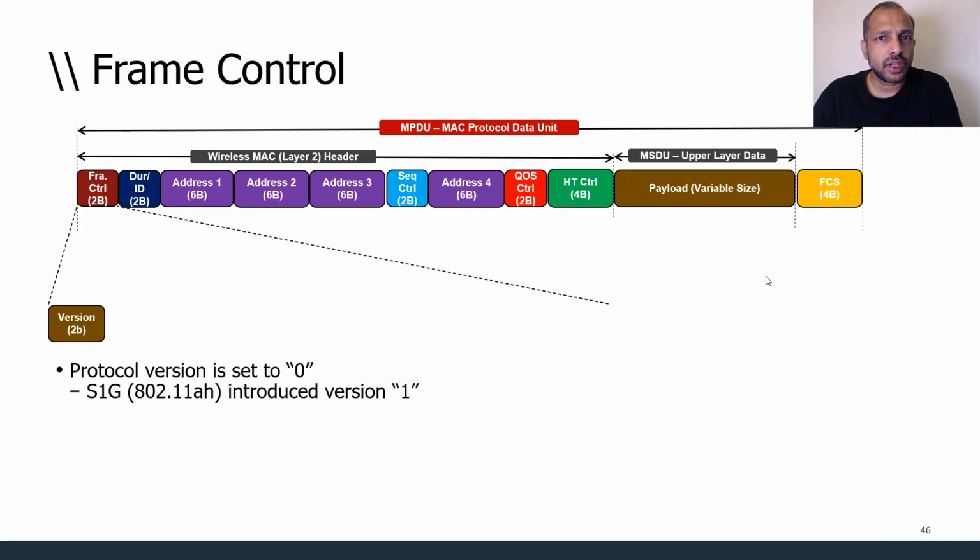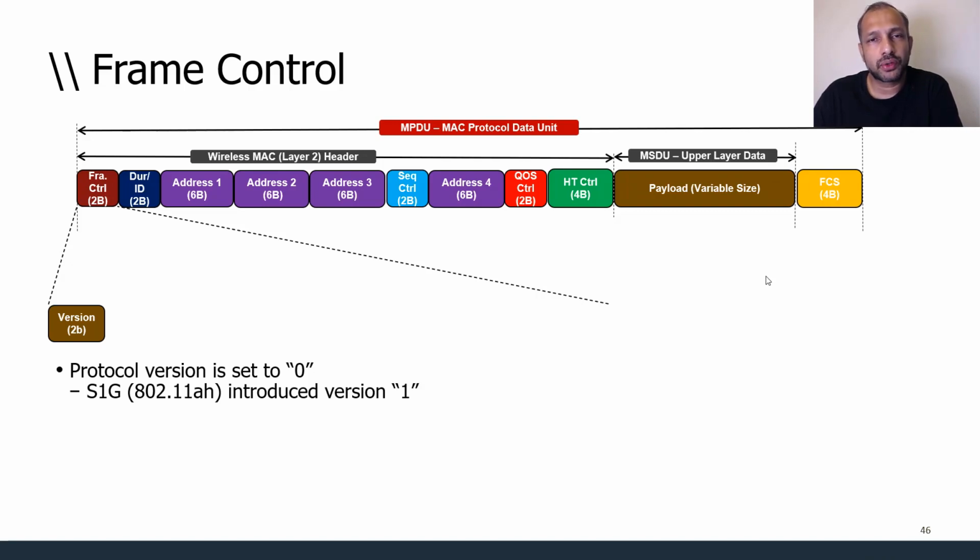In wireless, until the recent amendment for 11ah, only protocol version 0 was being used. So in normal Wi-Fi, you will always see version number 0. But for sub 1 GHz, another version of frame type was introduced, called protocol version 1.